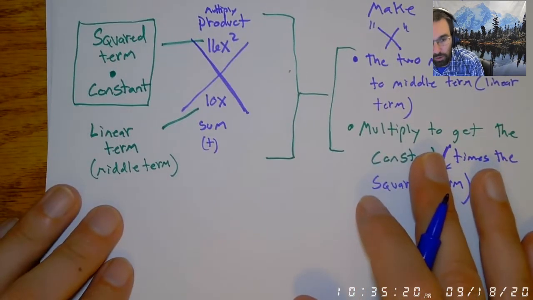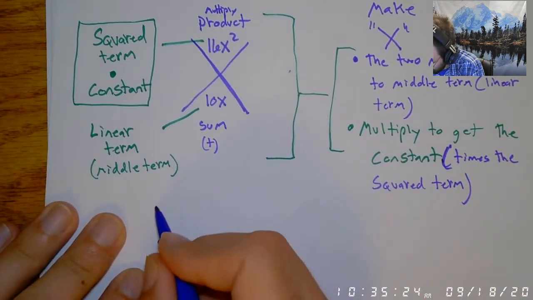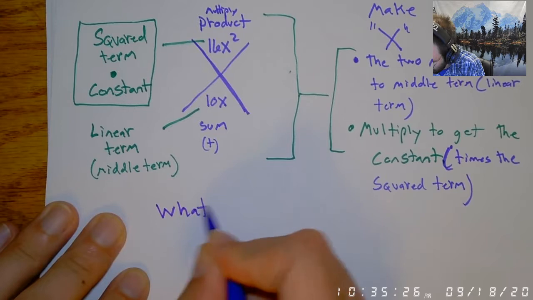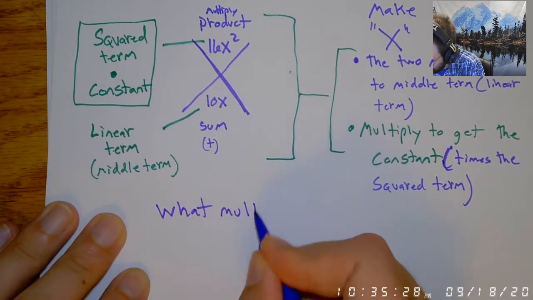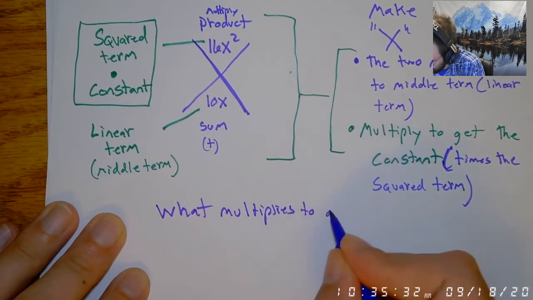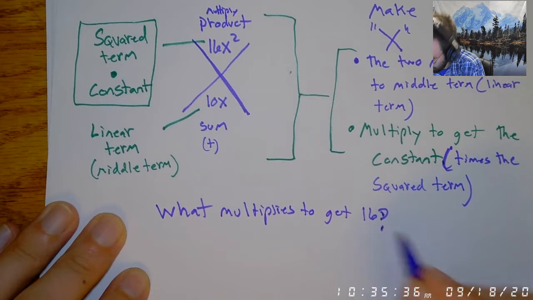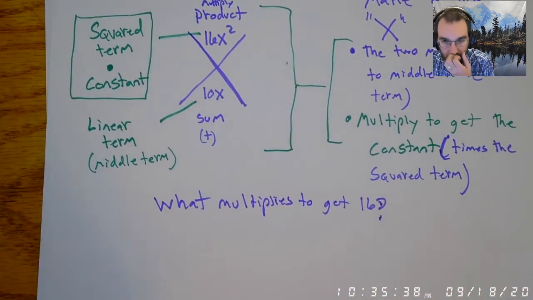So to do this, we might make a list, and we might say, what multiplies to get 16? Okay, so in the chat, can you guys tell me what multiplies to get 16? What are two numbers that multiply to get 16?